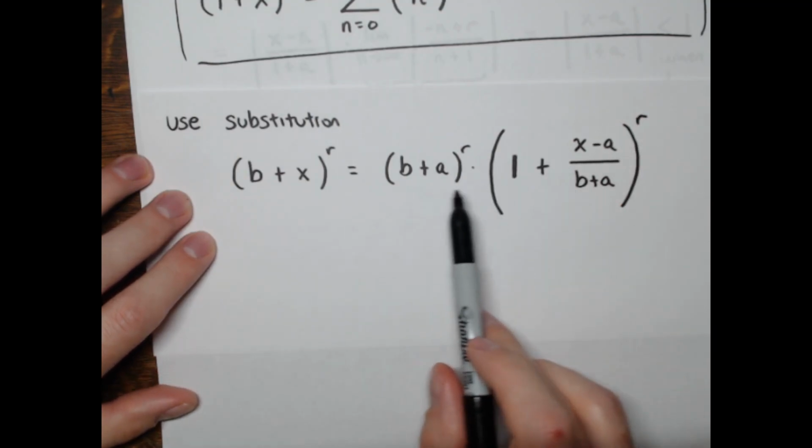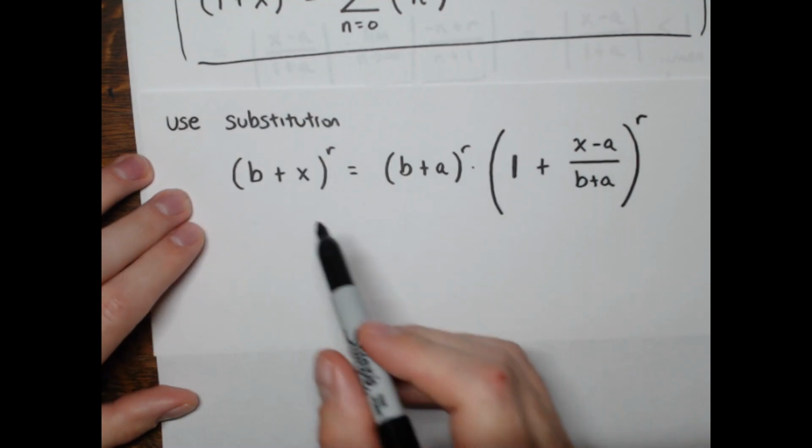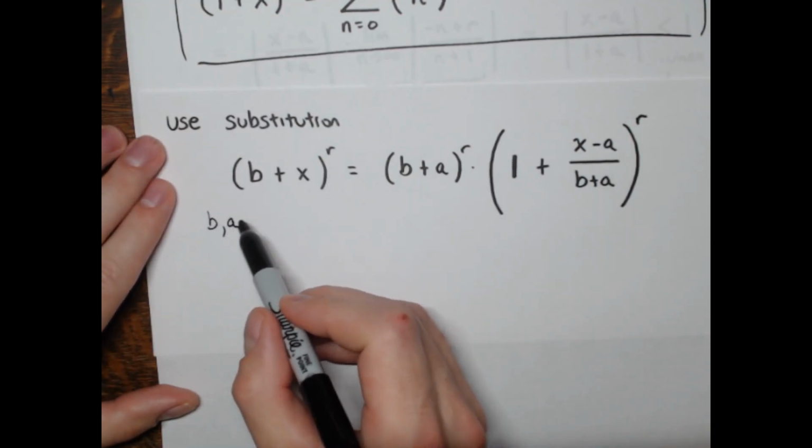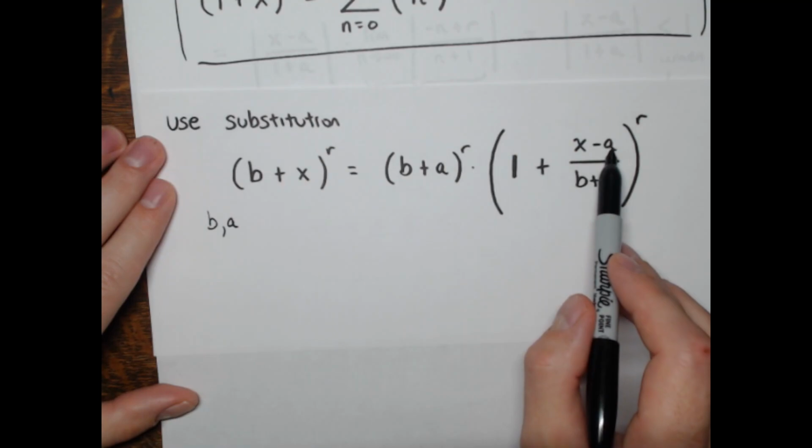On this side, a is the center of our Taylor series, so I'm assuming a is going to be 2 here. They want a equal to 2.